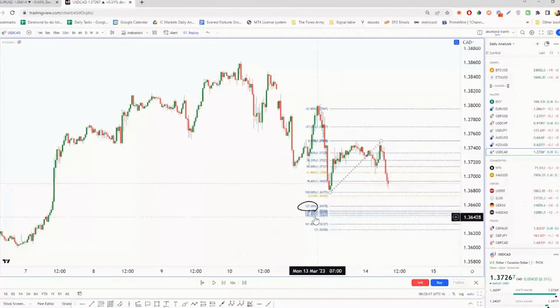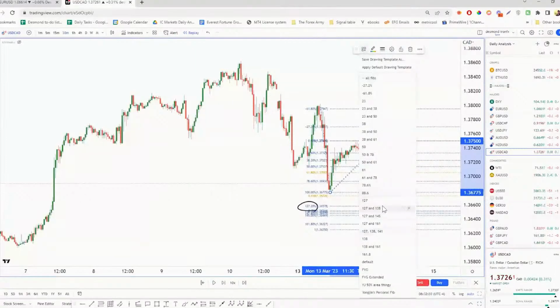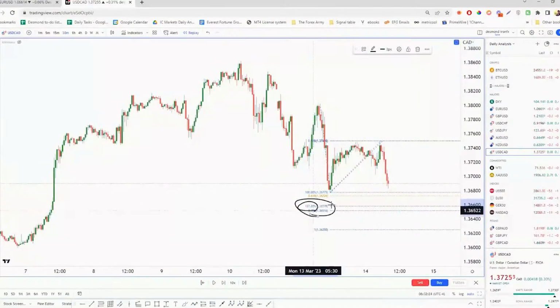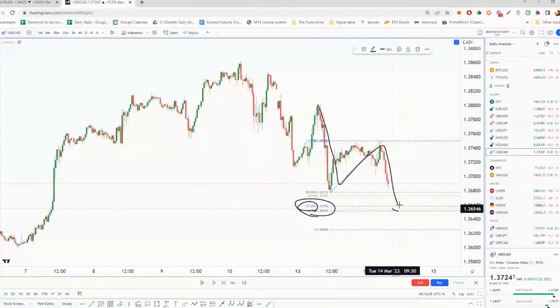I'm just going to remove everything and leave the 127 over there. What we then notice is that there is a 127 and there's a 78.6 Fibonacci projection. So it's all lining up in this area, which means my pending order will be in this region.